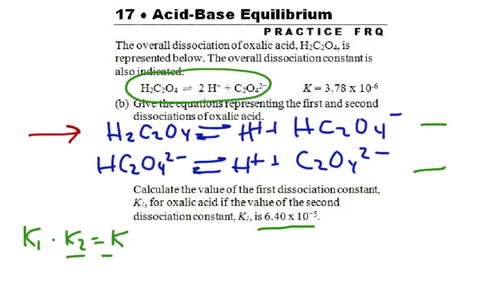We know the value of K, so we want to solve for K1. So K1 is going to be equal to K divided by K2.